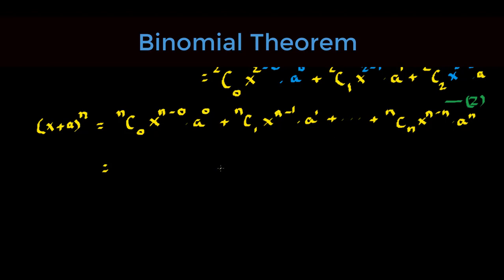What we can do is squeeze it and write it in a summation form as sigma r equals 0 up to n of ncr x raised to the power n minus r times a raised to the power r. So this is called the binomial expansion of x plus a whole raised to the power n.